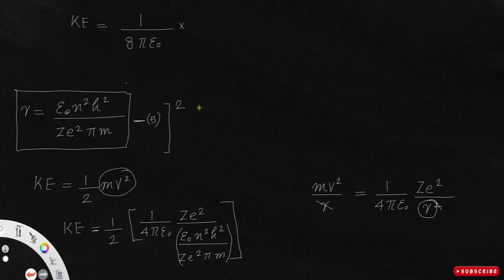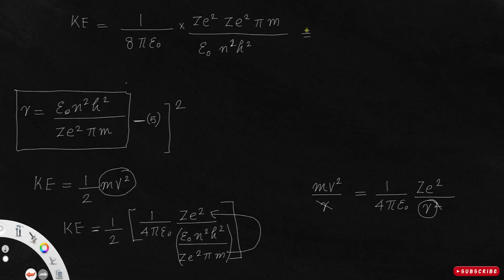In the numerator we have z e square. Also the denominator of this term will go to the numerator. So z e square pi m divided by epsilon 0 n square h square.